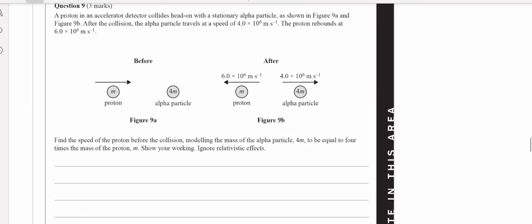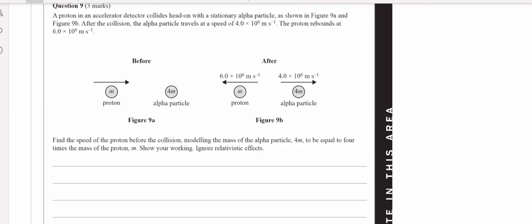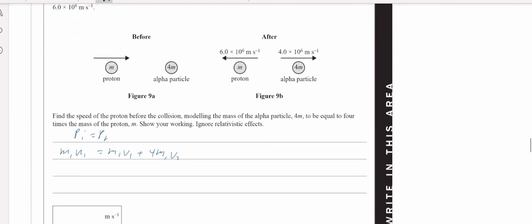And we have momentum conservation. P initial equals P final. M1 V1 equals M1 V1 plus 4 M1 V2. And we're trying to find the initial speed.